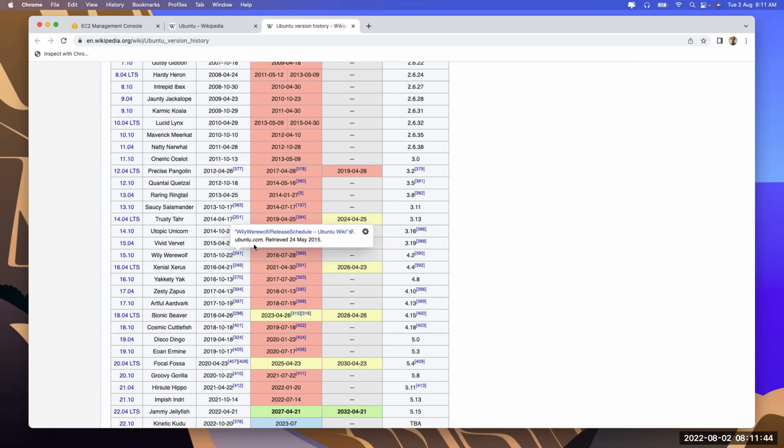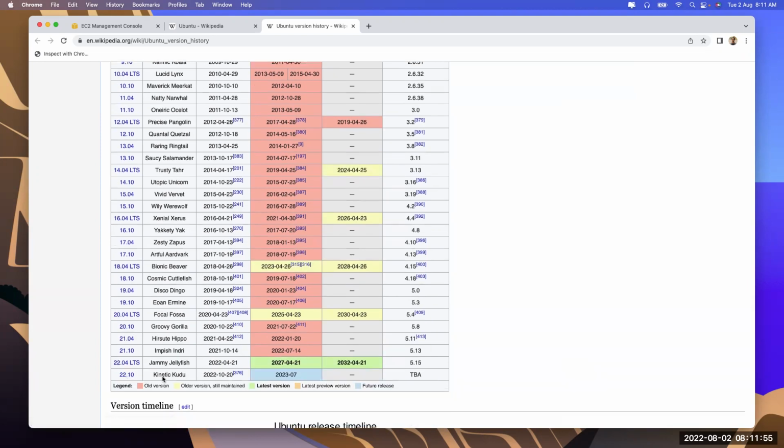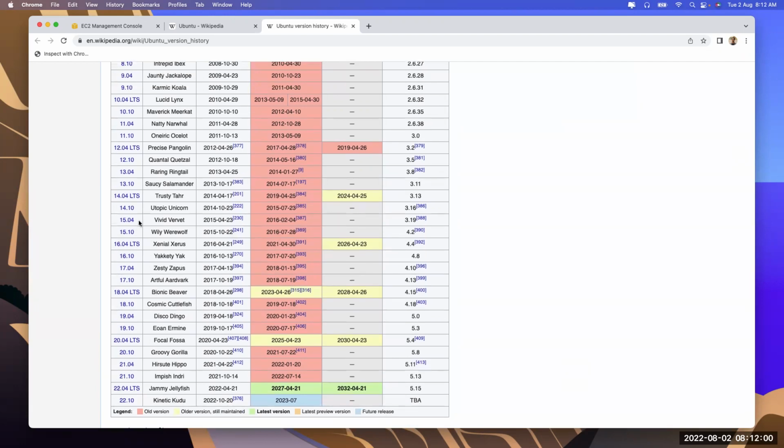In the same year in October, you will have an update which will not be LTS, which is 1610, 1810, 2010, 2210. Similarly, in the odd year in April, you will again have a release which will not be LTS, and in the odd year in October you will have a release which will again not be long-term support.